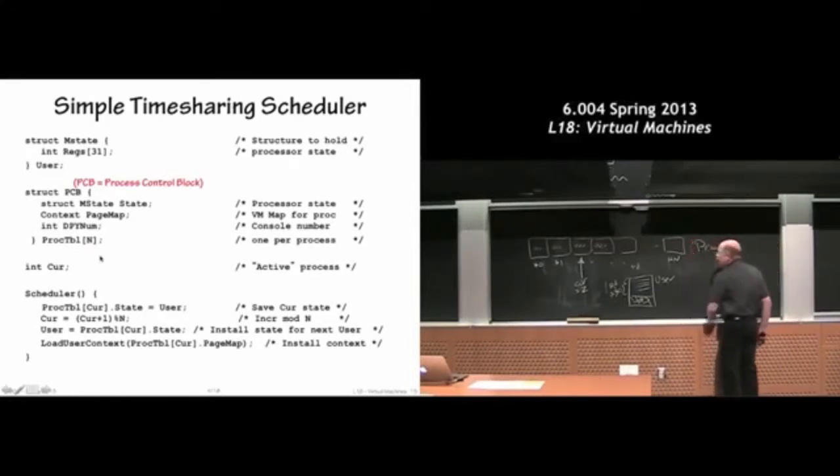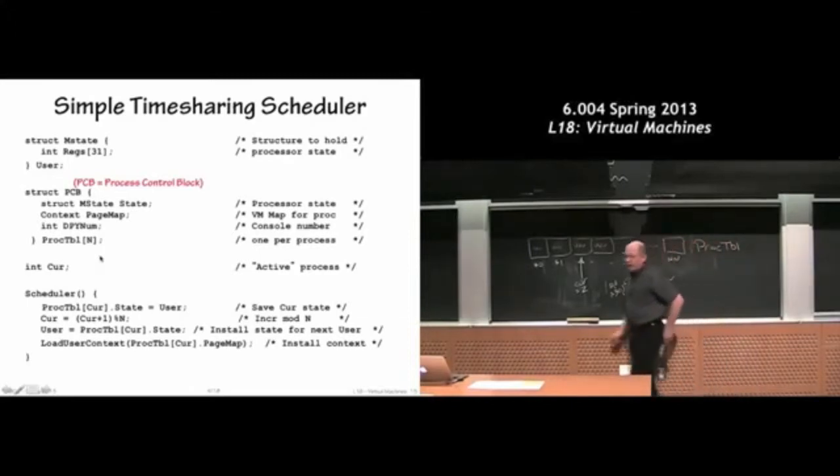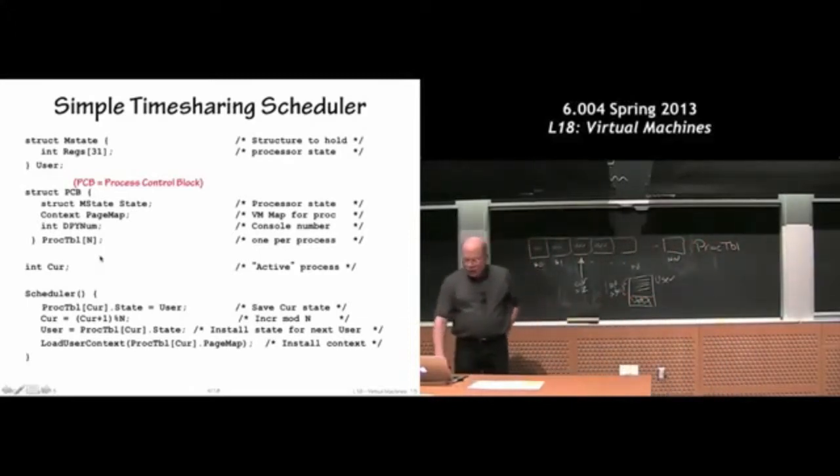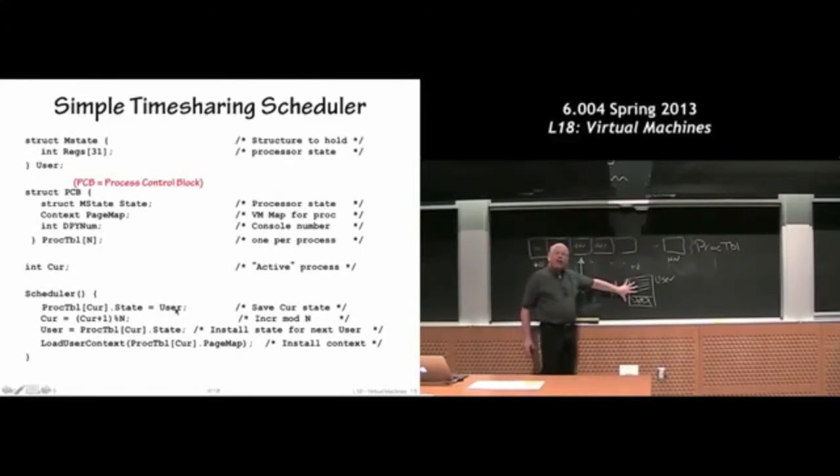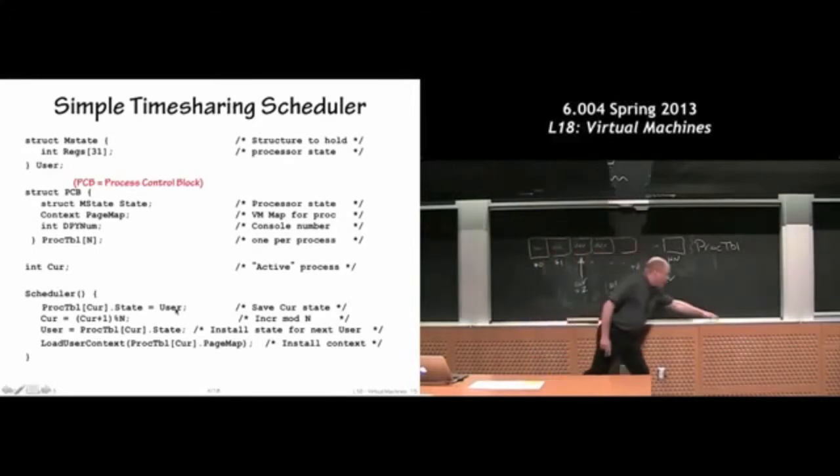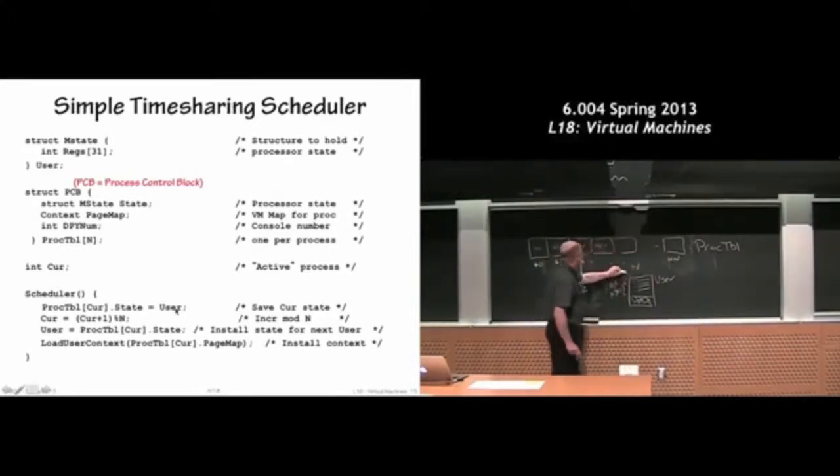So proc table is an array of all these structures, and you can see the way the scheduler works is it takes the place where the interrupt handler stored all the user registers and simply copies it into the current process. So it says, aha, I'm going to take all these registers that I saved away when I got the clock interrupt and put down here in the kernel memory.